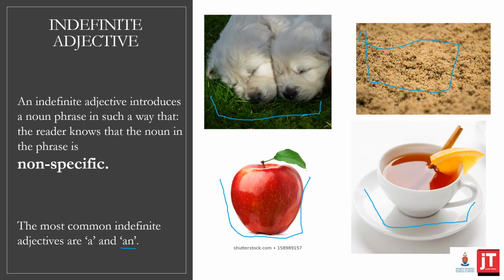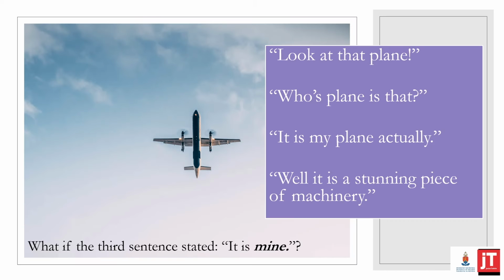Then again, you don't really know the milliliters of the actual tea, so you can't say, can I please have 50 milliliters of tea? No, you say, can I have some tea? So that's the sort of thing we're dealing with when it comes to indefinite adjectives. They're more vague.